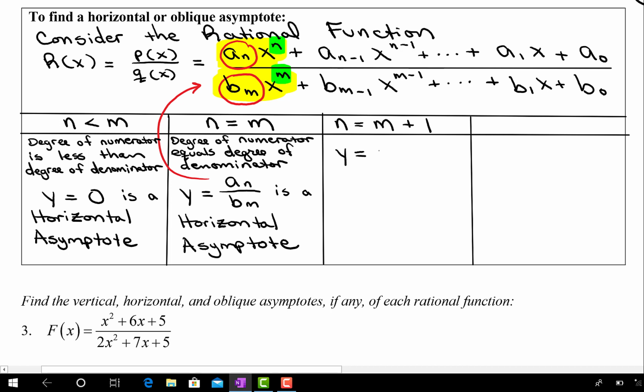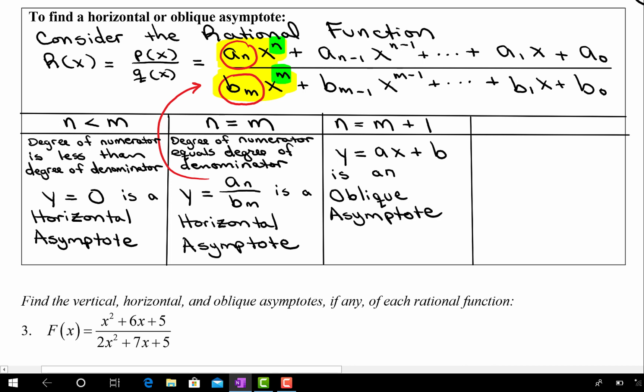Well, then this would be an example of where we would have a slant or an oblique asymptote. Y is going to be equal to a linear function here. Y is equal to ax plus b is going to be our oblique asymptote or our slant asymptote.